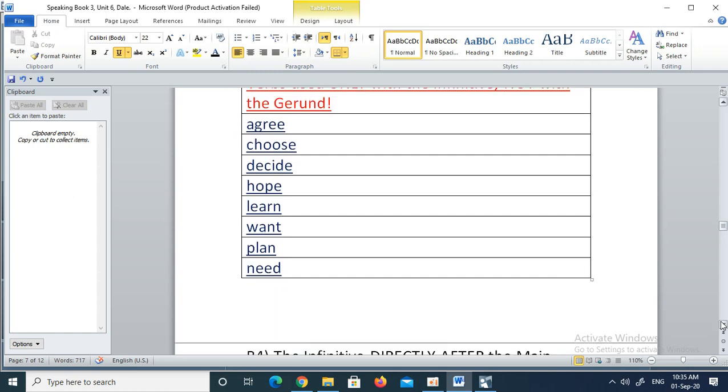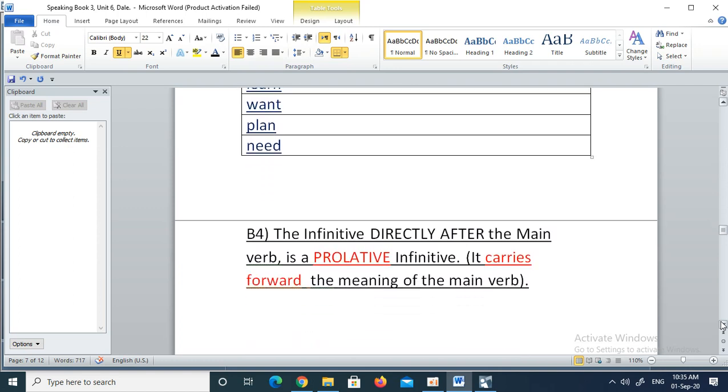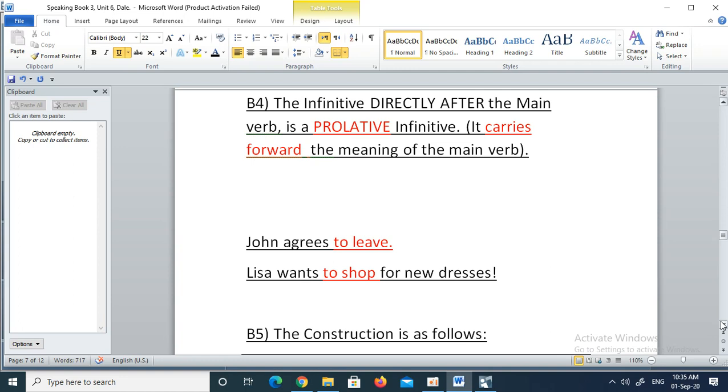Now, when we use them, the main verb with an infinitive, the infinitive directly after the main verb is what we call a prolative infinitive. Please all say after me, prolative, prolative. Okay. That word prolative simply means carrying forwards. A prolative infinitive carries forwards the meaning of the main verb.